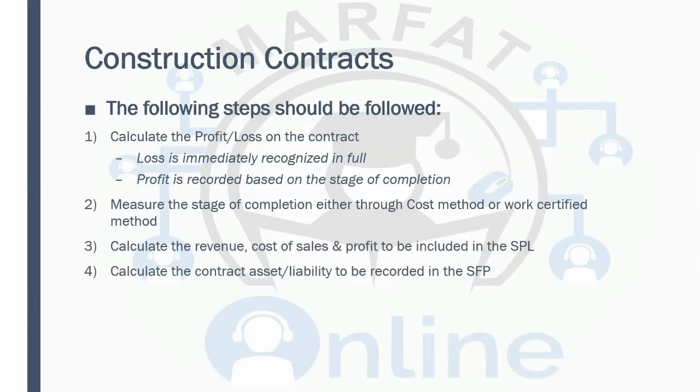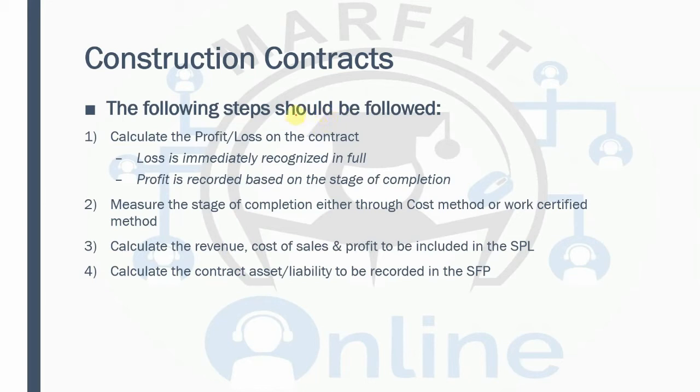Now, whenever you have a construction contract question in the exam, remember, this is even tested in the objective test question, and you will have an adjustment in the final account question. So these are the steps that you need to know if you are calculating the revenue, profit, loss, and the figures related to the statement of financial position regarding construction contracts.